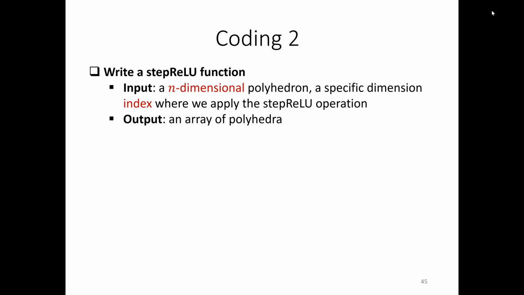Okay. So coding second. Coding 2. So write a step ReLU operations function. So the input is an n-dimensional polyhedron, right? And the specific dimension index where we apply the step ReLU operation. And then the output of this step ReLU function is going to be an array of polyhedrons.